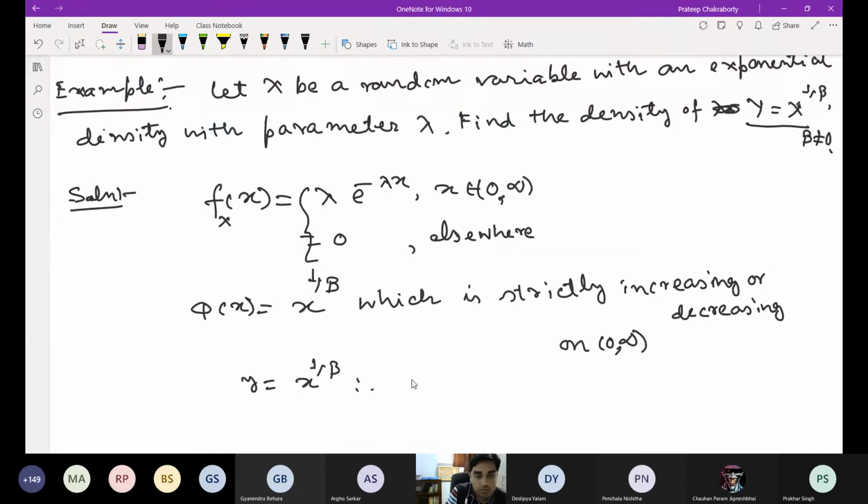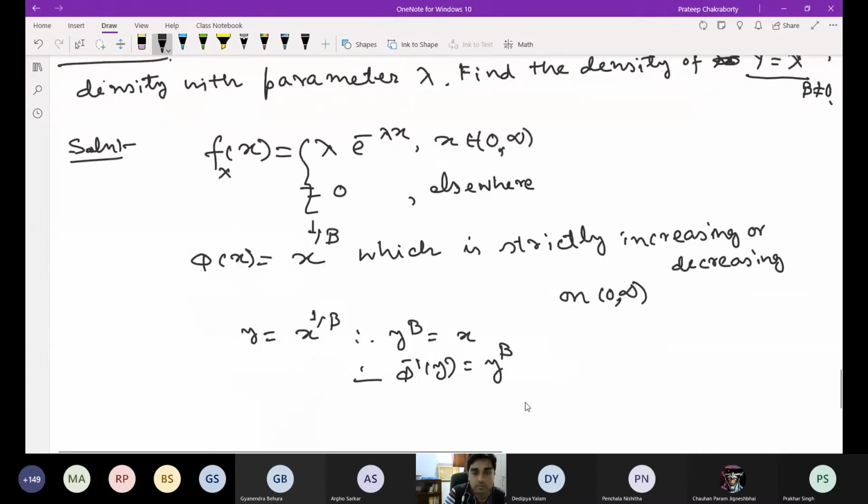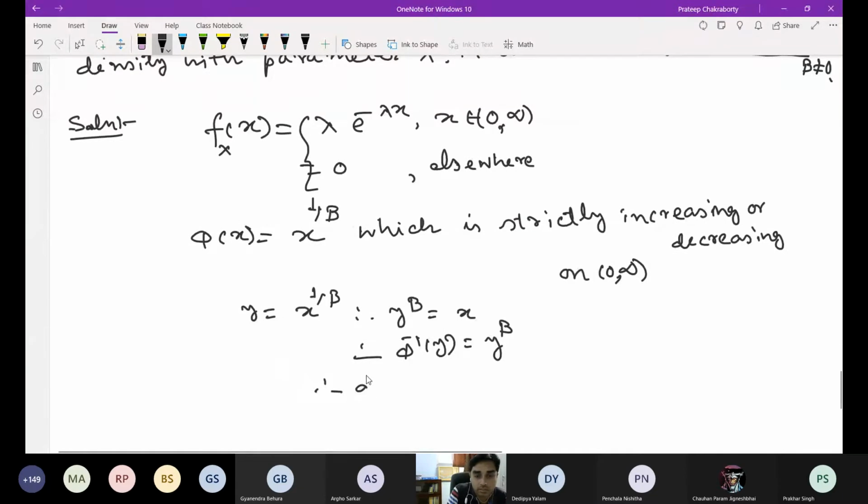So y power beta is x. So phi inverse of y is equal to y power beta. So d/dy of phi inverse of y is equal to beta y power beta minus 1.